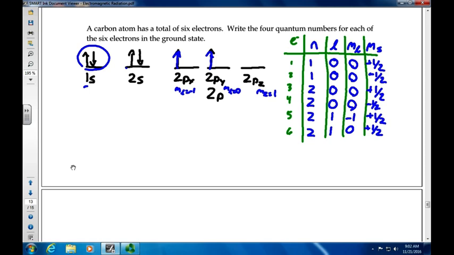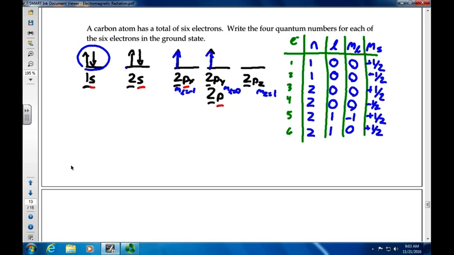Just remember that your number is going to be indicating your principal quantum number. Your letter is going to indicate your angular momentum quantum number. The rules still apply with that.